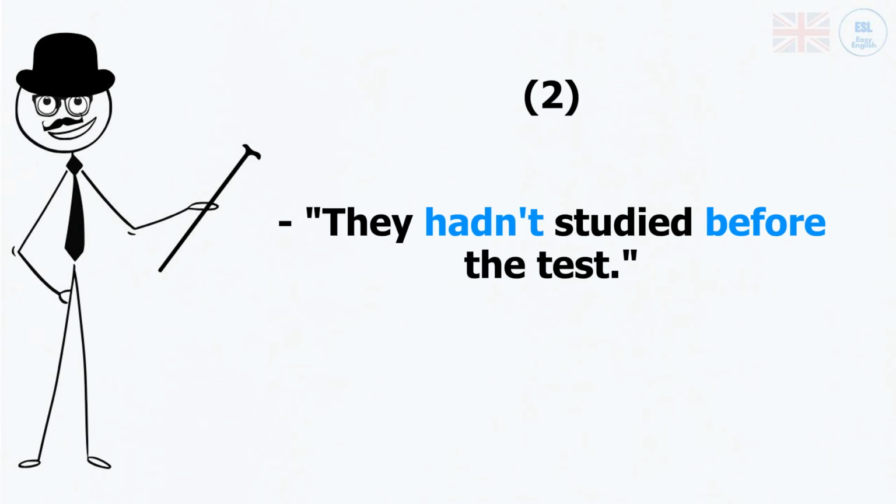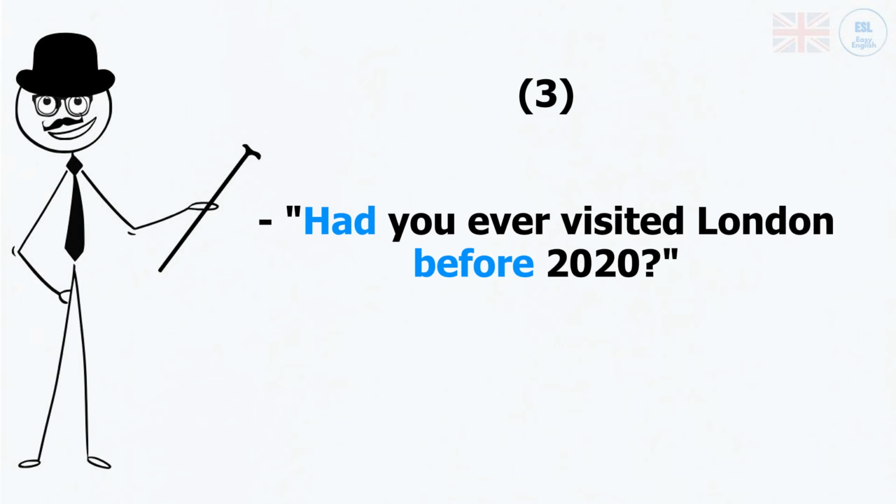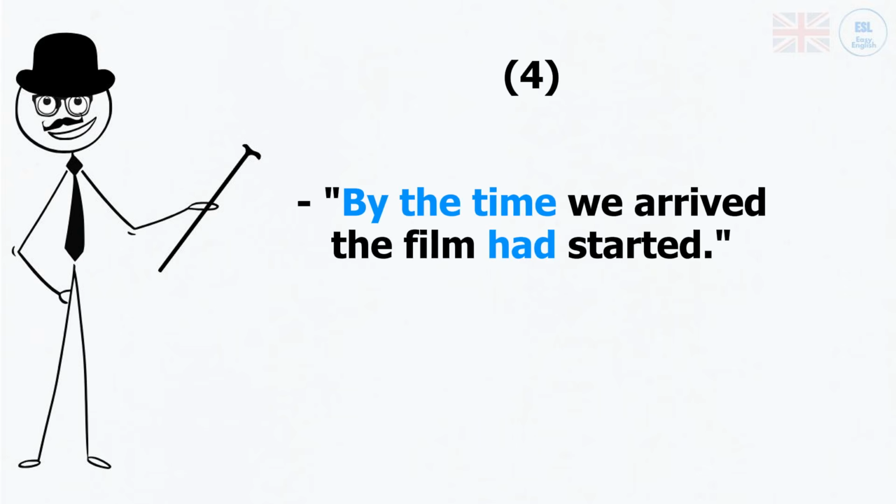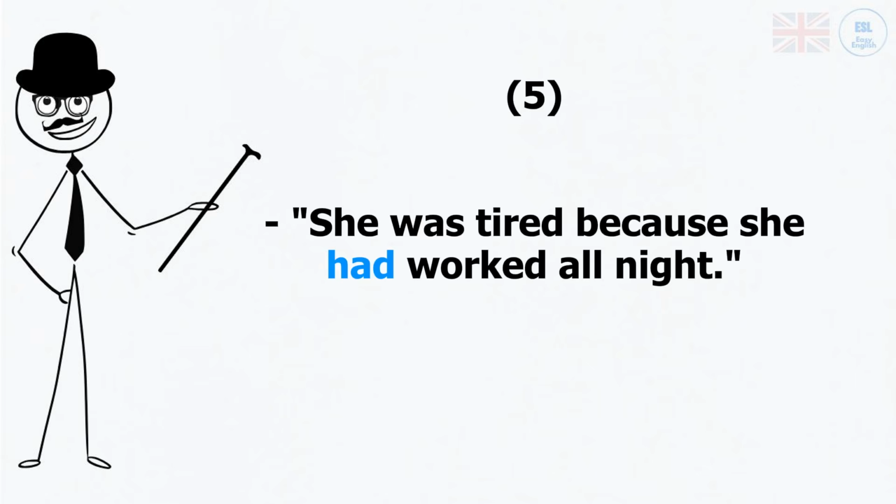They hadn't studied before the test. 3. Had you ever visited London before 2020? 4. By the time we arrived, the film had started. 5. She was tired because she had worked all night.